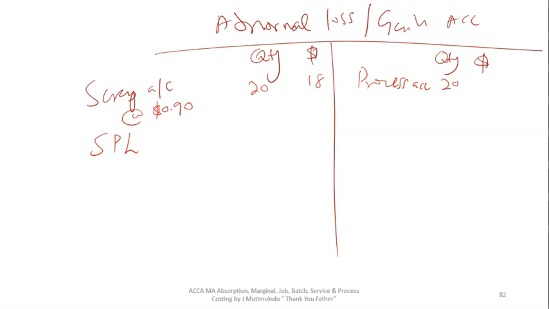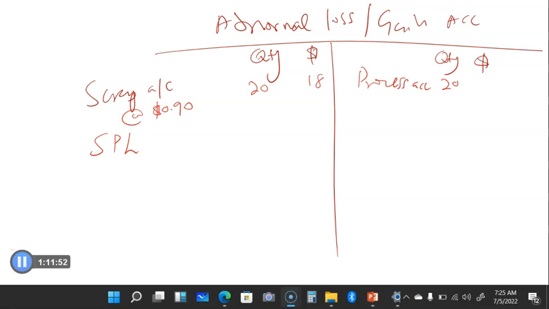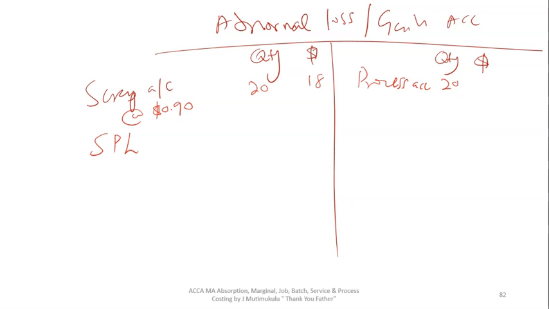Because 20 at $4.90, from the computations which we determined. Remember, the process account is valuing these abnormal losses or abnormal gains at the value of the cost per unit. So the cost per unit was $4.90. So 20 multiplied by $4.90 should take us to $98.